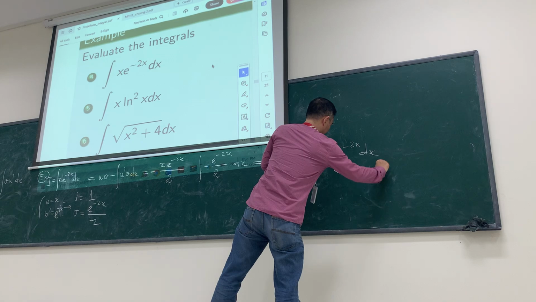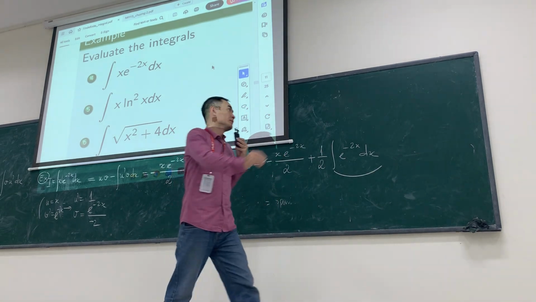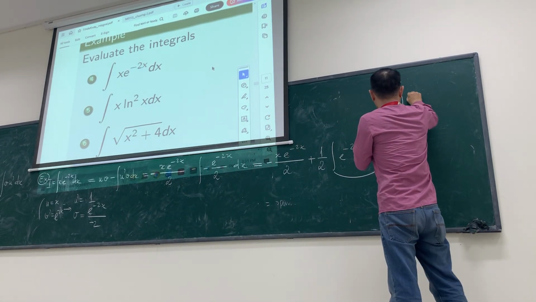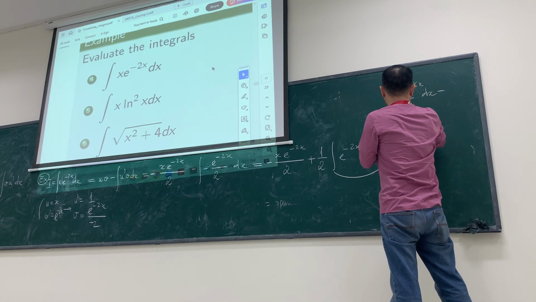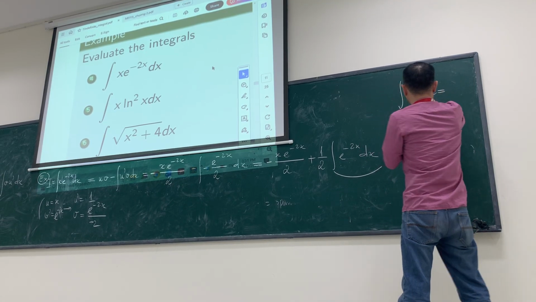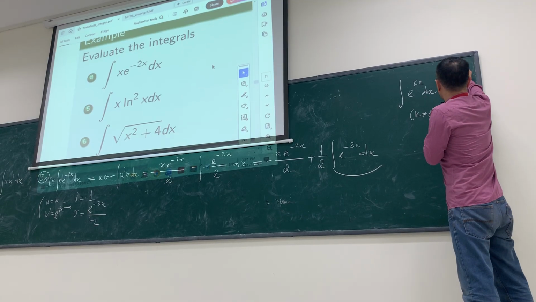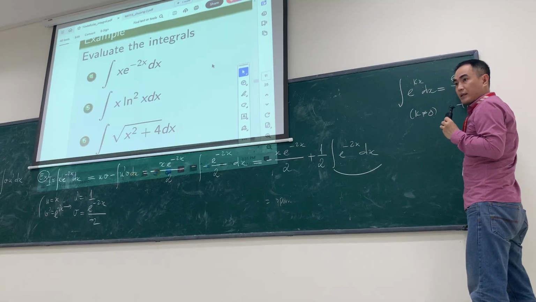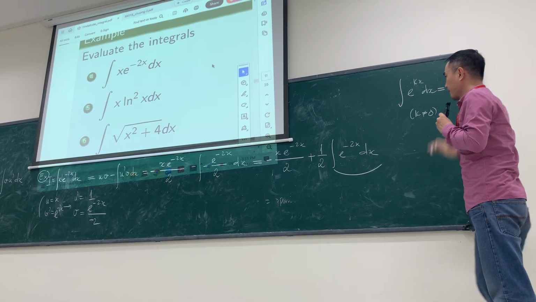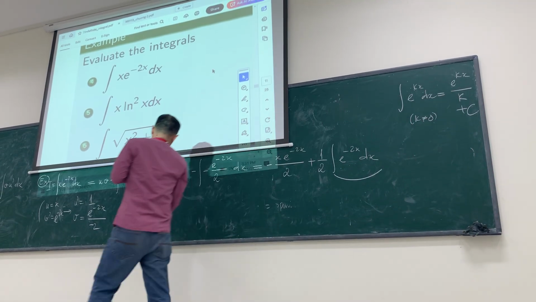I think the integral here we can evaluate. The integral of exponent kx dx, where k is not 0, is equal to 1 over k exponent kx plus C. I think you know this.